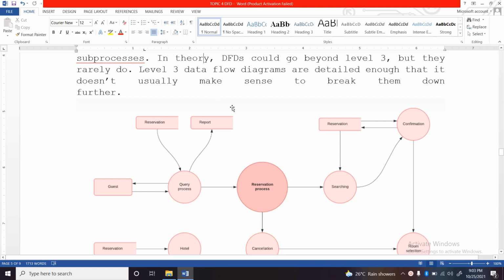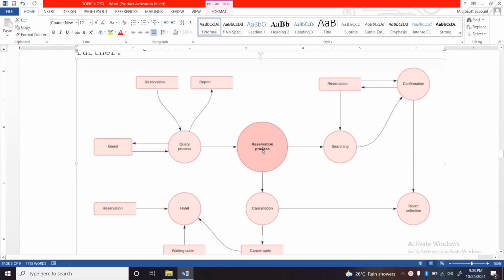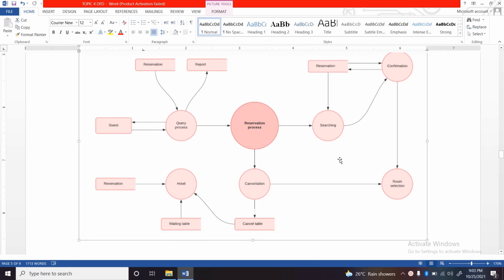Okay, so for example, the reservation process is broken down into other sub-processes, and there are more data flows and data stores to interconnect them. So as you can see now, we have 6 sub-processes under the main process, the reservation process.